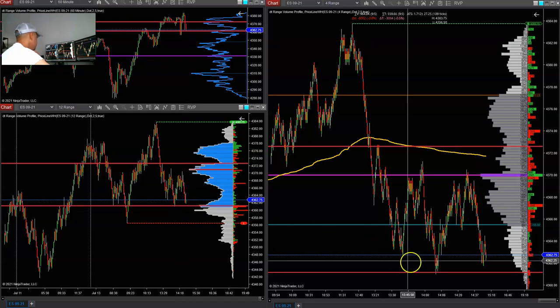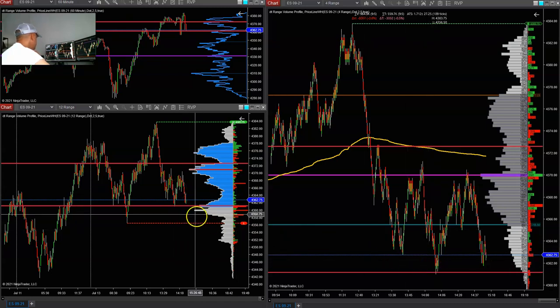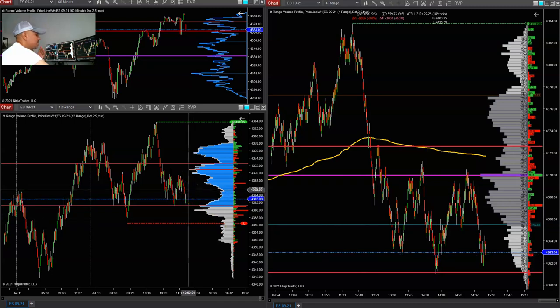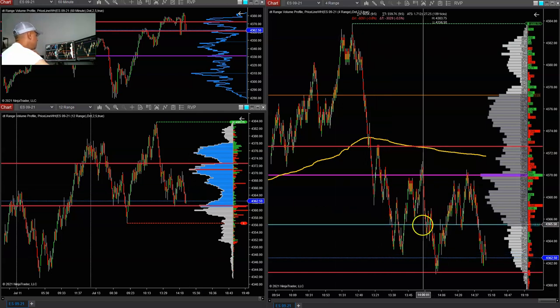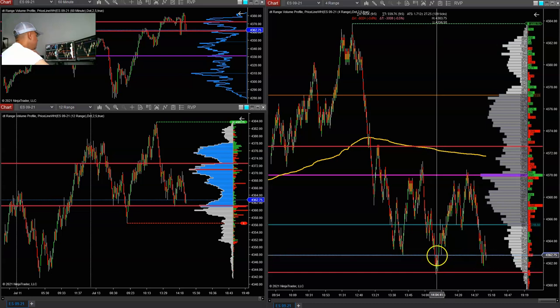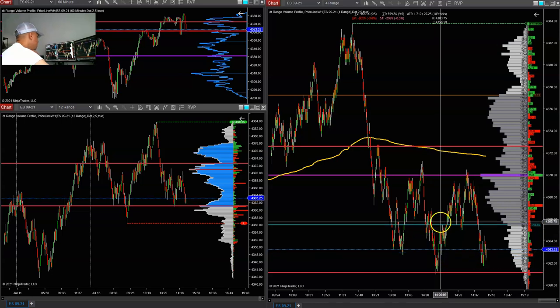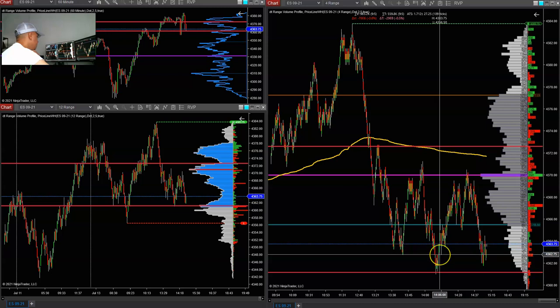But had you taken this long right here, you could take out some of your first half of your contracts around 43.65 and a half, which would have put you at around this area right here. From here down here, you'd have entered probably about right here and probably picked up about 2 points, 2.5 points.